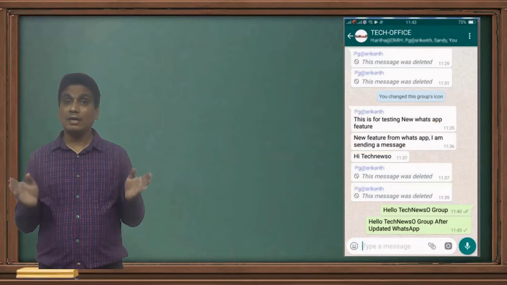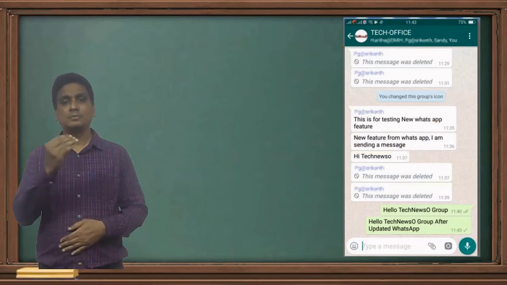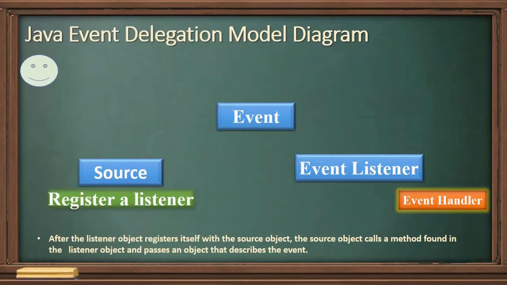The same analogy is used when we develop an application in Java. And this analogy in Java is called the event delegation model. Now let's look at this event delegation model.